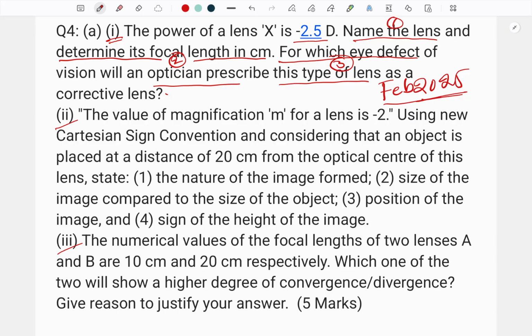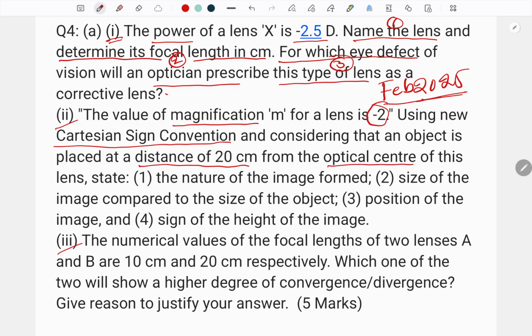Now the second part of the question. In the first part the power was given; in the second point the magnification of a lens is given. The magnification of the lens is given as minus 2, using the new Cartesian sign convention, and considering that the object distance is 20 centimeter from the optical center of this lens.